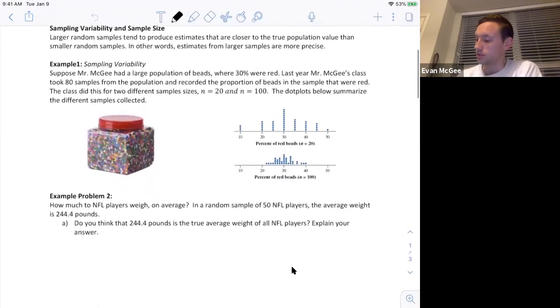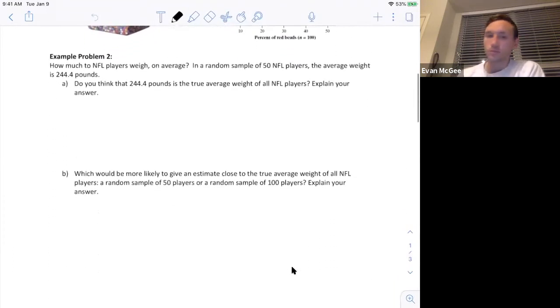Let's take a look at an example here. How much do NFL players weigh on average? In a random sample of 50 NFL players, the average weight is 244.4 pounds. Do you think that 244 pounds is the true average weight of all NFL players? Explain your answer. The answer is no, because different samples of size 50 would produce different average weights.